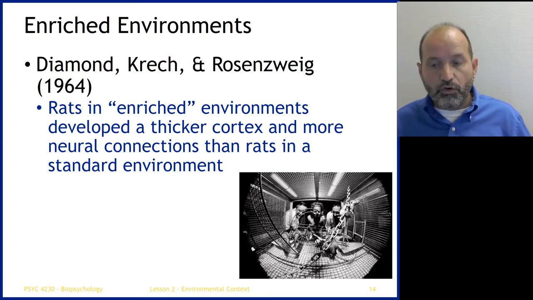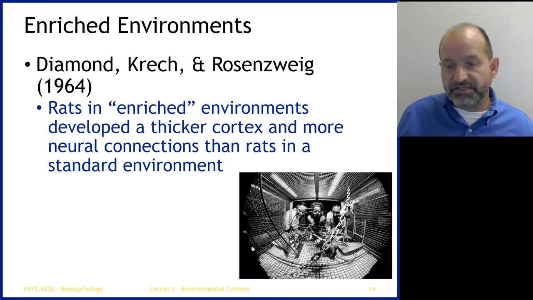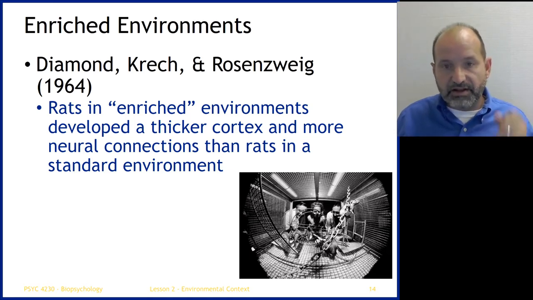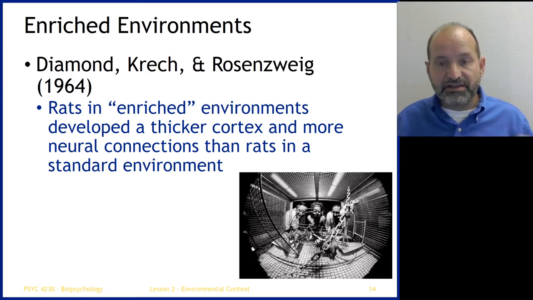Looking over time at an adult animal placed in an enriched environment versus an adult animal placed in an impoverished environment, there was a change in the structure of the brain.